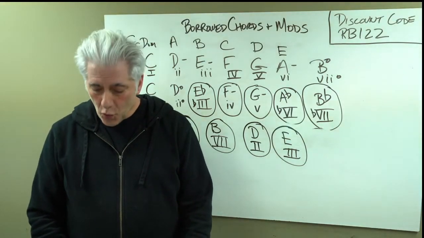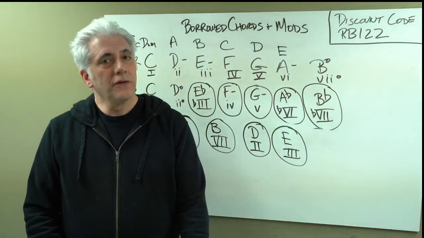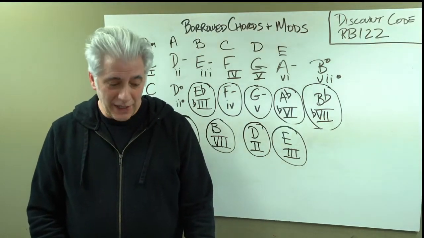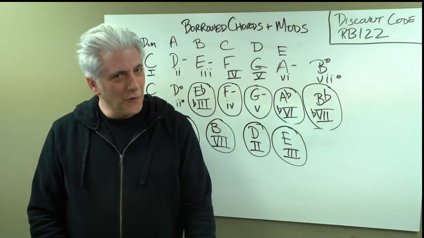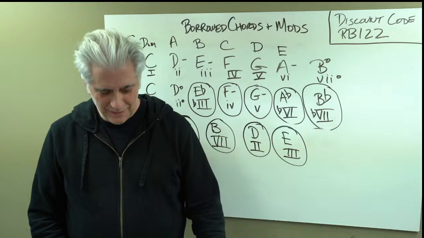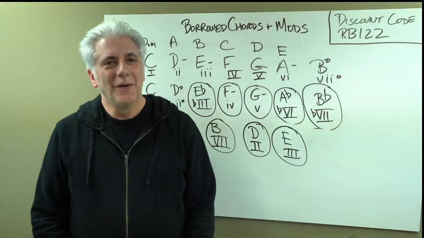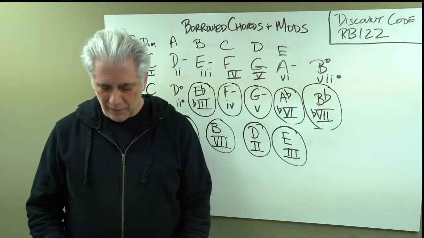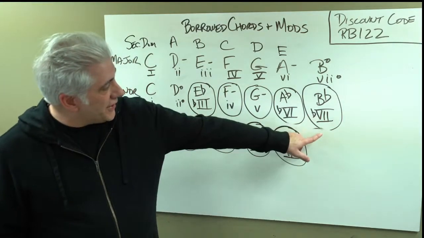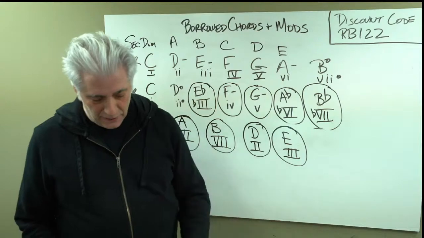Or you can go 1 to flat 7 major. You can go to 4 major. You can go to 4 minor to 5 minor to 1 major. Okay, so let me do that one again. 1 major, flat 7 major, cool sound, right?